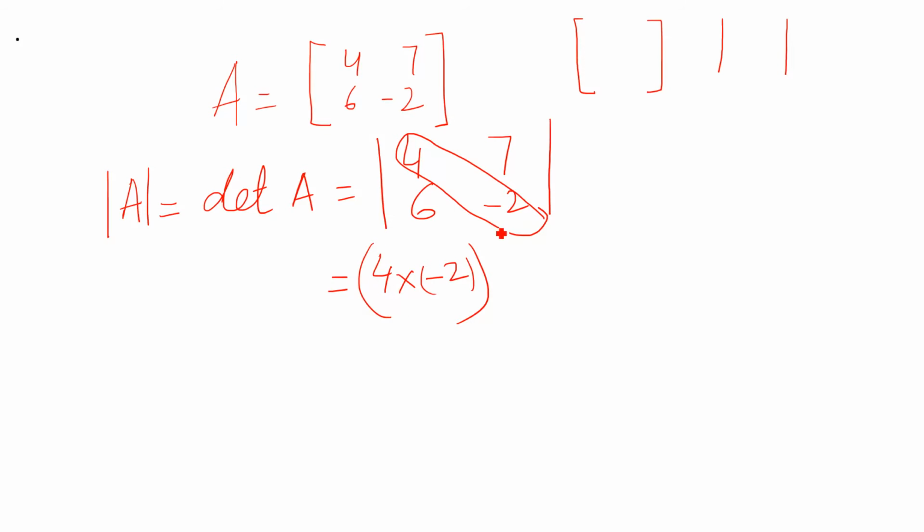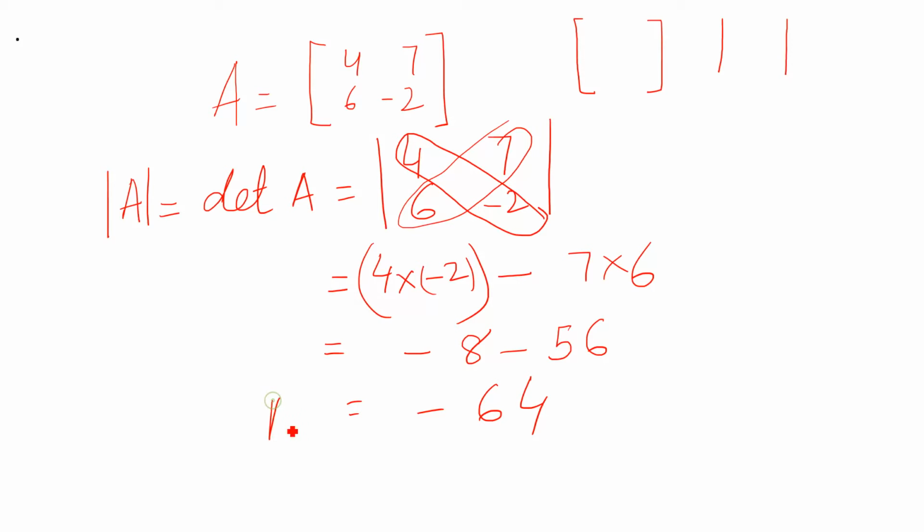This is first, and then you have to use the negative sign, and then you have to multiply these two. Keep in mind you have to multiply this first, right? And 7 multiplied by 6 is 42, and this will be -8, and this will be 7 times 6, which is 56, so it will be -64, the determinant of A.